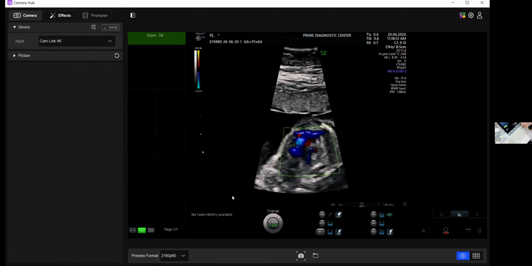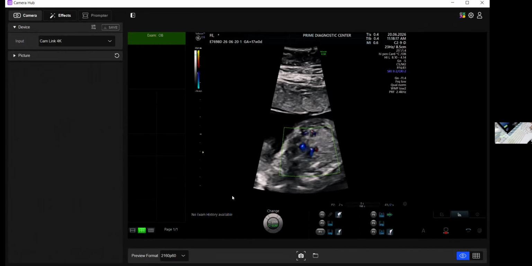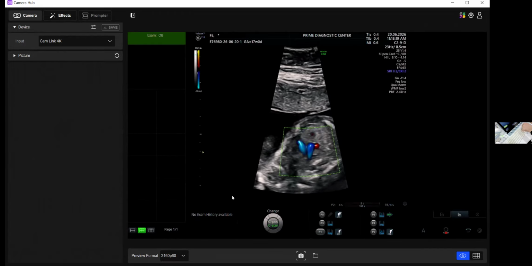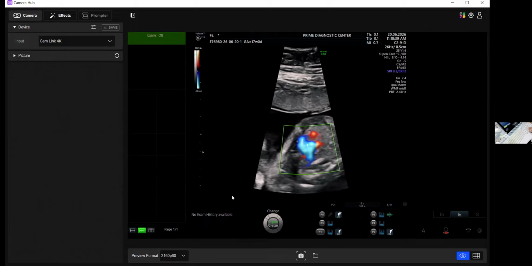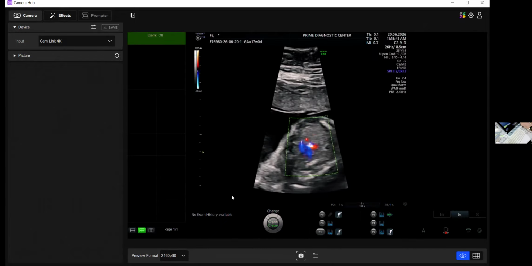Okay, and maybe a little more, or we can go to a power Doppler for that. Yeah, we could see one mammary artery here, right? And this is encircling the thymus.